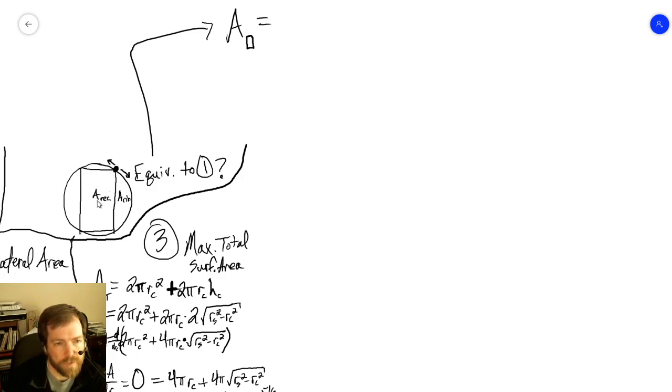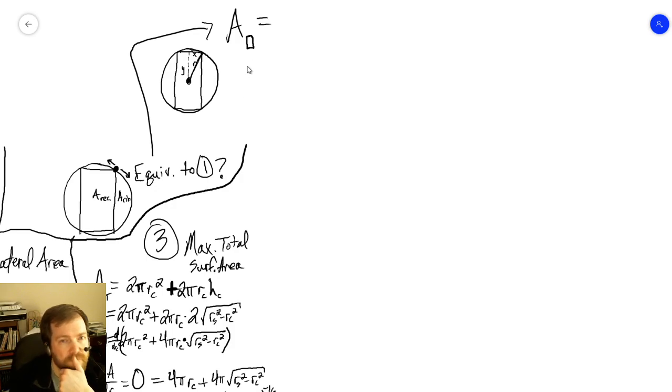So if we're looking at this, again, the center of the circle is here, goes out. This is going to be R. This is going to be your Y. This is going to be your X.